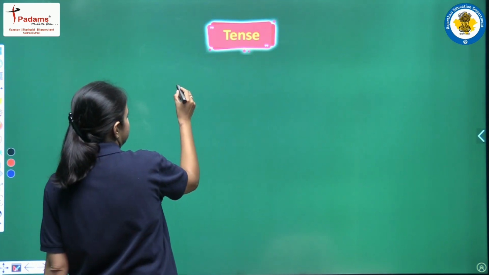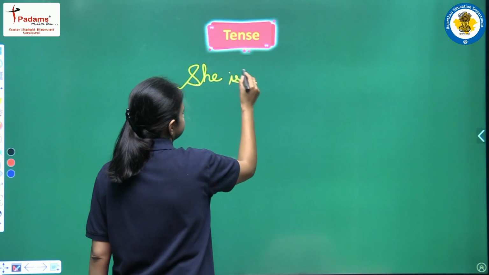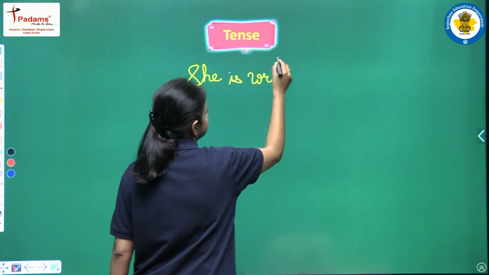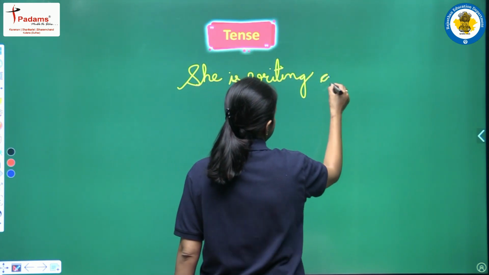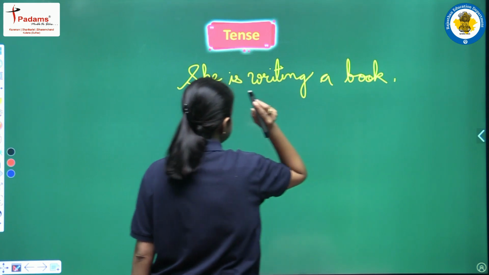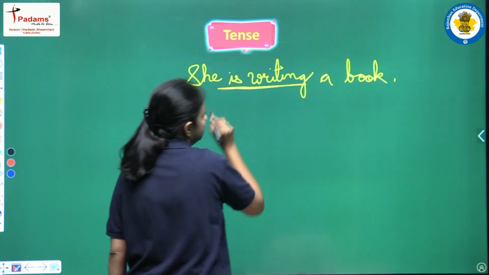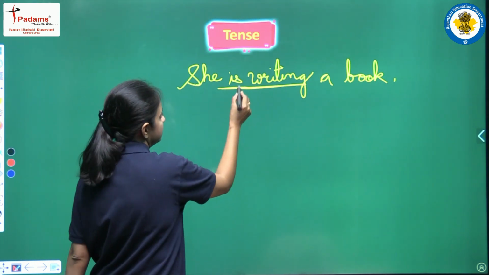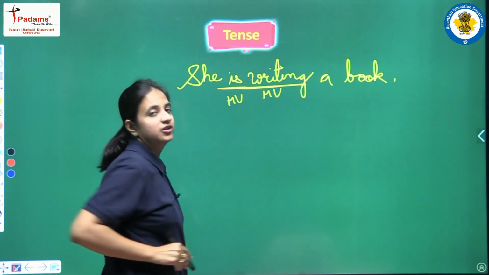Suppose we are having one sentence. She is writing a book. So in this sentence we are having is as a helping verb and writing as a main verb. Okay, is our helping verb and writing is the main verb. Clear?